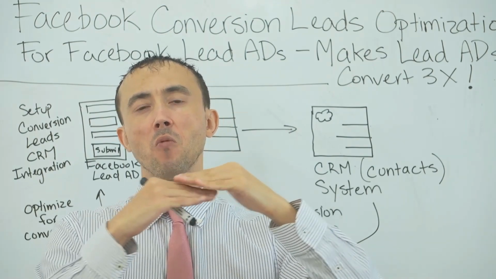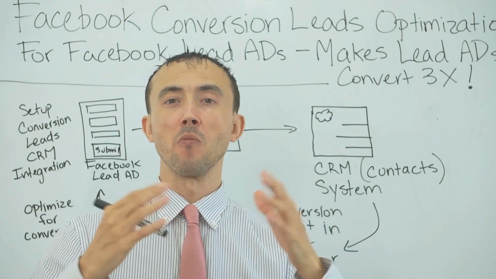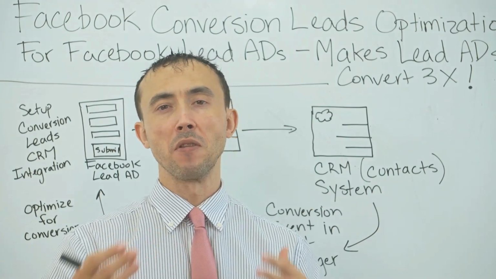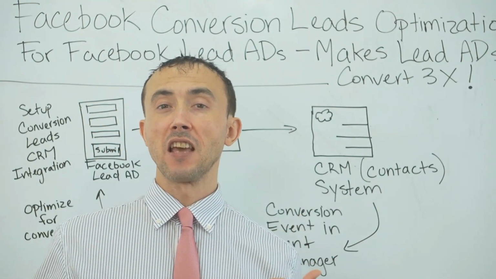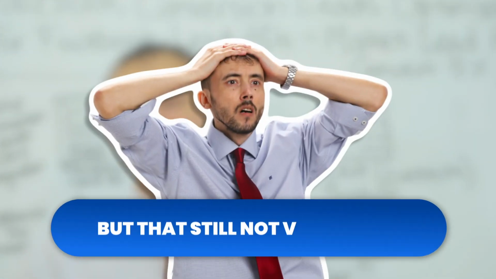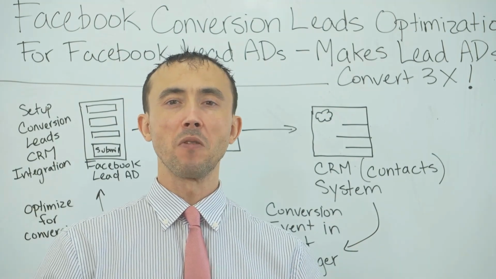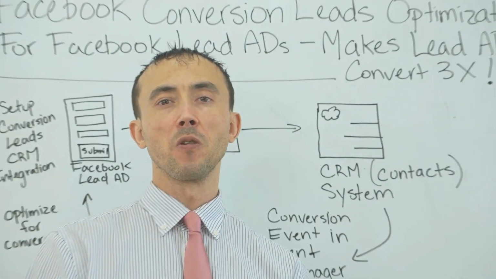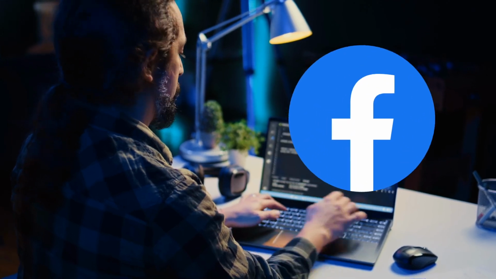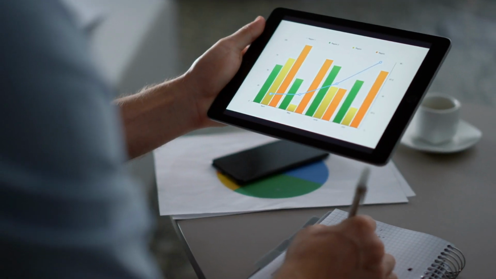And then the minimum one, the lowest one is a high amount to start with, so they don't basically feel like they want to fill out this form unless they answered the questions in a certain way that indicate that they have certain traits. But that's still not very good because people lie and they just click whatever they're going to click. Much better is to have a human verify if the leads are good quality, and then use that as a signal for the machine learning algorithm that Facebook has to steer your ads in the right direction that's going to actually be able to get you more results over time.